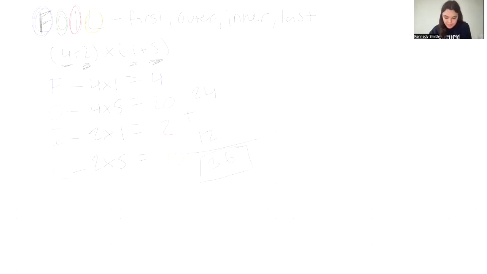And we can see that we have 4 plus 2 times 1 plus 5. So 4 plus 2 is 6, and 1 plus 5 is 6, which is just 6 times 6 is 36, but you can also use the FOIL method to get to that same answer.